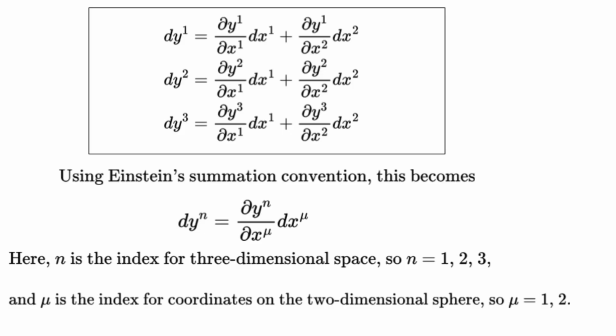Using Einstein's summation convention, this becomes. Here, n is the index for three-dimensional space, so n equals 1, 2, 3. And mu is the index for coordinates on the two-dimensional sphere, so mu equals 1, 2.